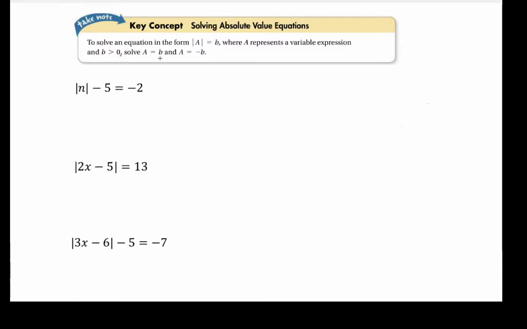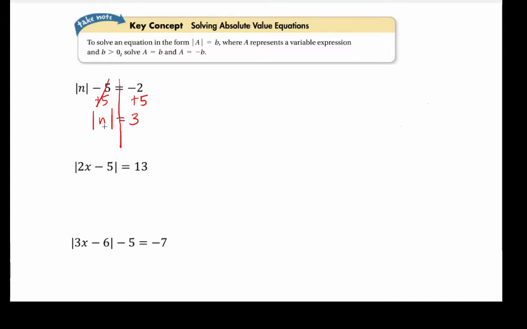Okay, so let's go ahead and use this. We want to solve the absolute value of n minus 5 equals negative 2. The first thing we need to do is isolate the absolute value, so we're going to add 5 to both sides of our equation. This gives us a 0 here, so the absolute value of n equals negative 2 plus 5, which is 3.